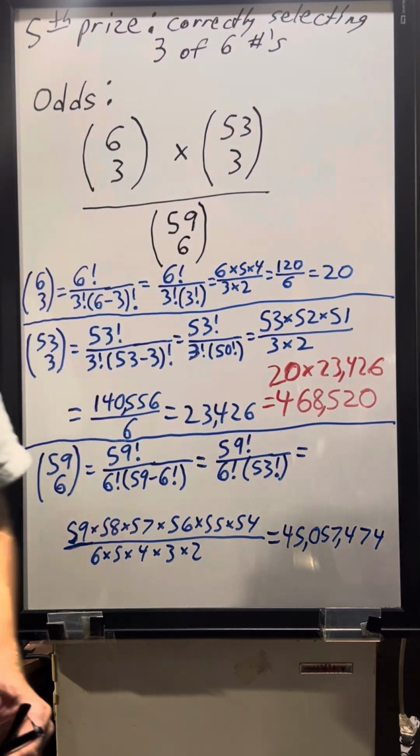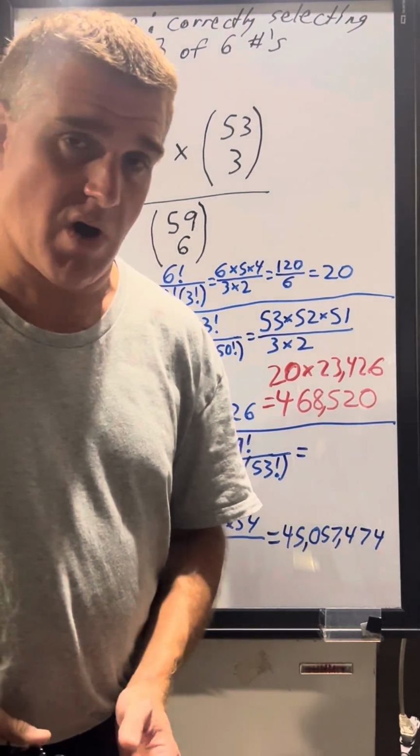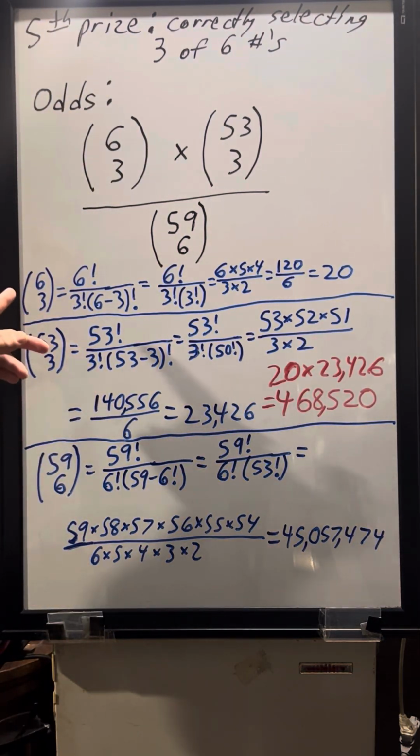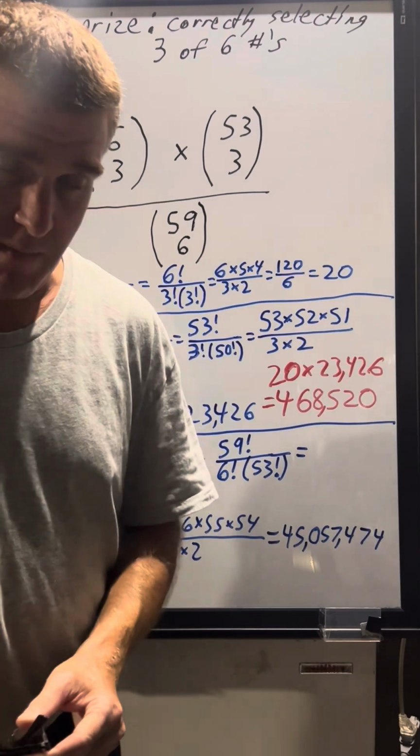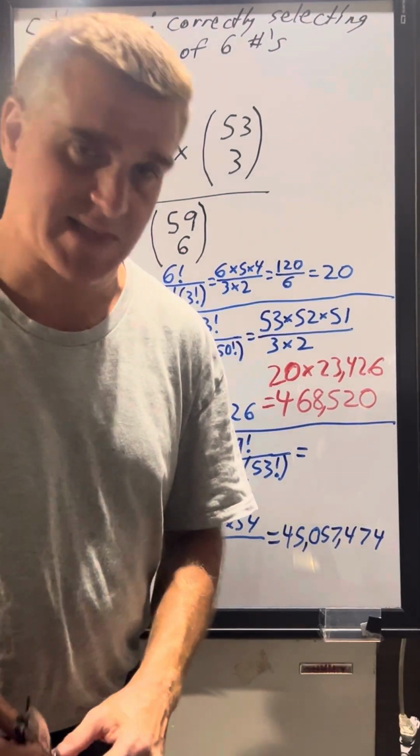Now, how many different ways can the three numbers that were wrong be wrong? And that is going to be, there's 53 numbers left over because there's 59 numbers in total and you already selected 6.